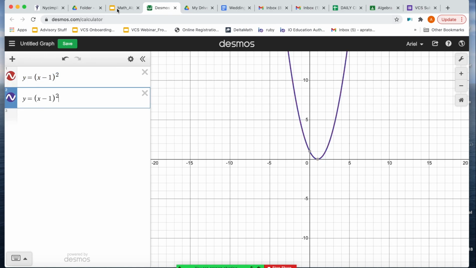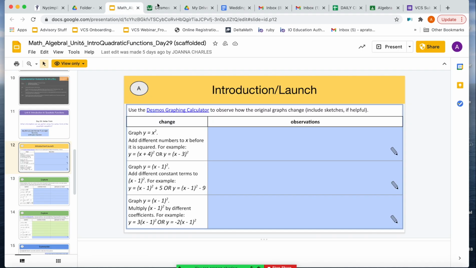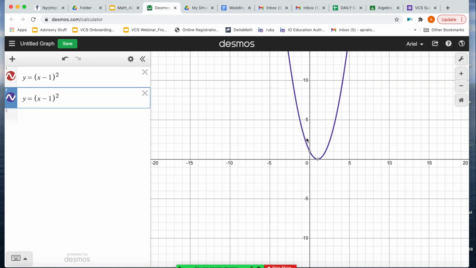They asked you to add 5 and then negative 9. Well, first notice, what's the vertex here? Interesting. Minus 1, positive 1. And then it's saying add 5. How did the vertex change?